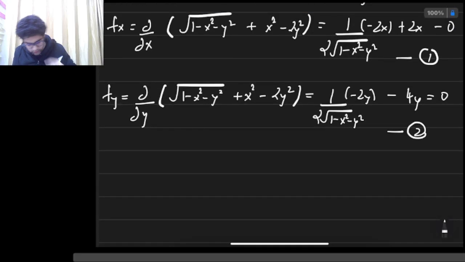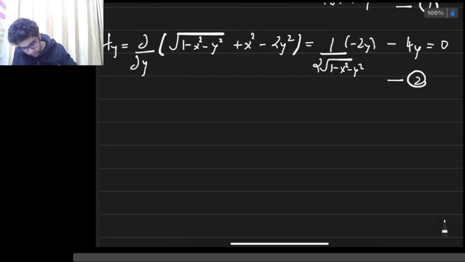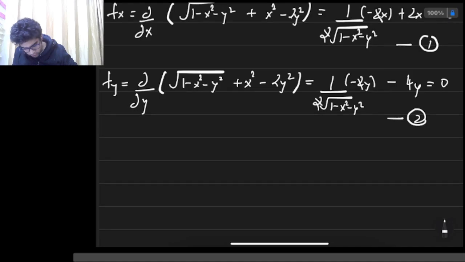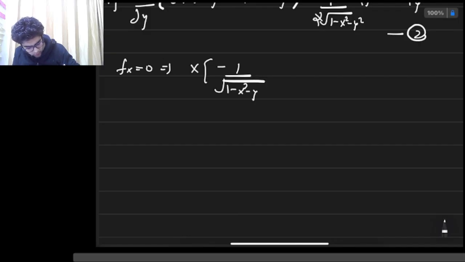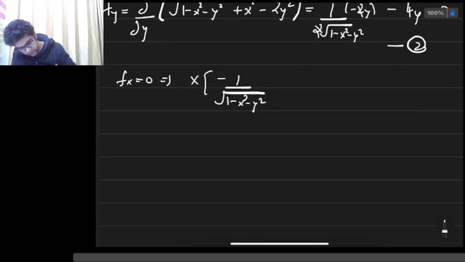So equating the first expression to 0 will give me, if I just take 2x common, or let me cancel 2 and 2 here, and also cancel 2 and 2 here. Now I'll just take x common. So by equating fx equal to 0, if I take x common, I'll be left with minus 1 upon root 1 minus x square minus y square, plus 2, so x is common.